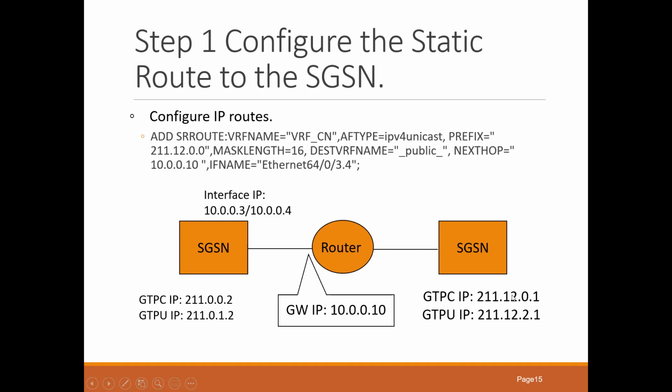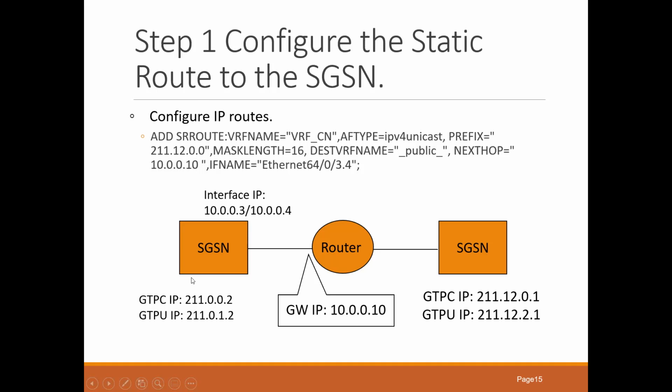The other SGSN has a different IP address. So the command here is going to be add static route. You specify the VRF name, which needs to be the same, the direct VPN instance. Then you specify the prefix. Since there are two IP addresses, the prefix covers both, or otherwise you can add different static route commands for two different IPs.